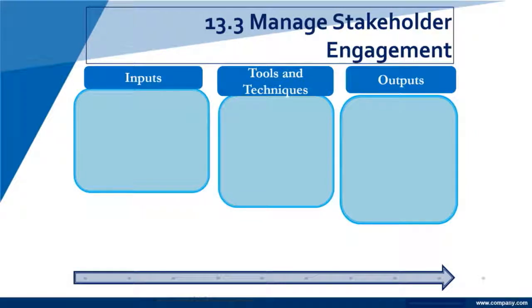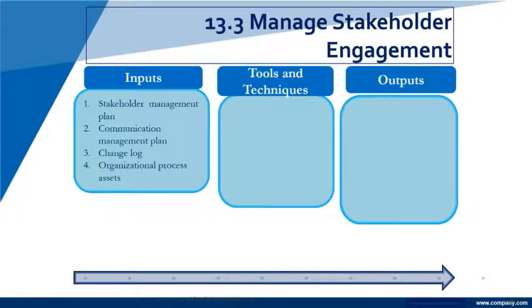Now we manage the stakeholder engagement. We've identified, we've planned, now we're managing. The inputs here are our stakeholder management plan, our communication management plan, any change log, and organizational process assets. We use communication methods.